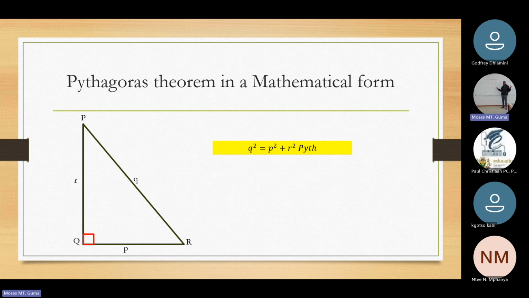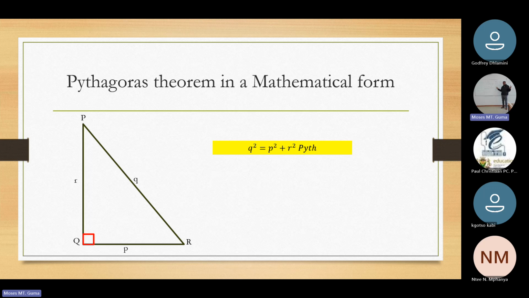Look at that: triangle PQR, with angle Q equal to 90 degrees. That says to us that the triangle is a right-angled triangle, okay? Now it means that the theorem of Pythagoras can be applied in this case.